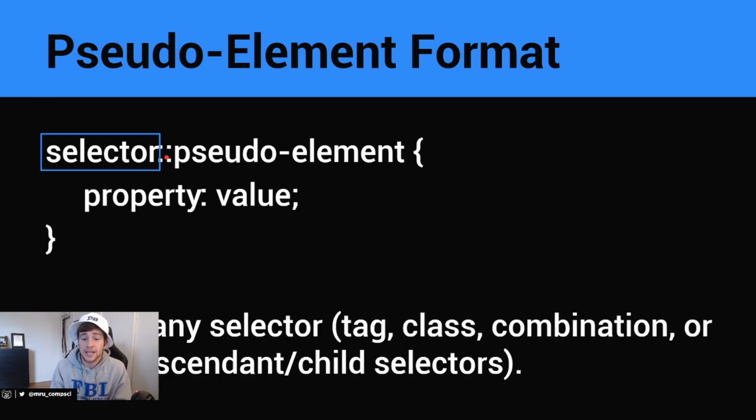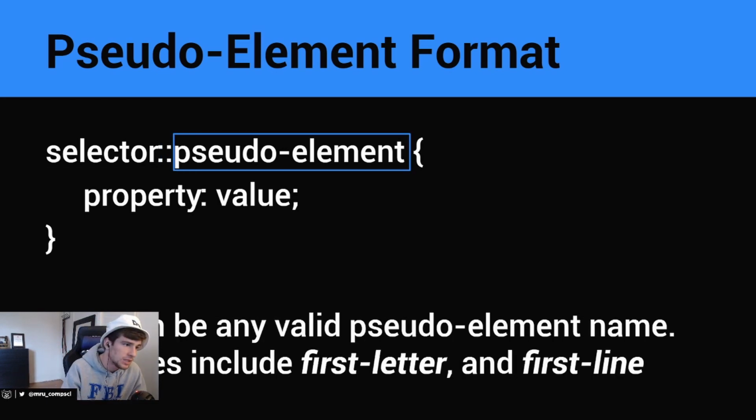Again, the selector can be any selector: tag, class, combination, or descendant selectors. The pseudo element can be any valid pseudo element name. Examples: first letter or first line of a certain element. For an image, you have to know the element.